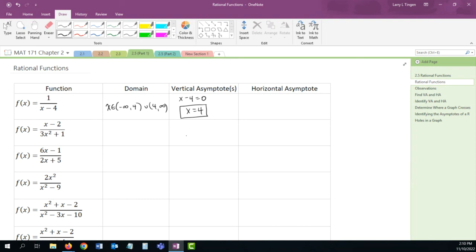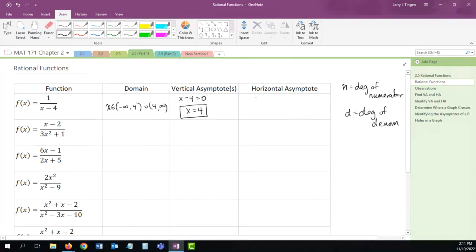Okay. The horizontal asymptote has three different possible outcomes. Lowercase n is the degree of the numerator. Lowercase d is the degree of the denominator.